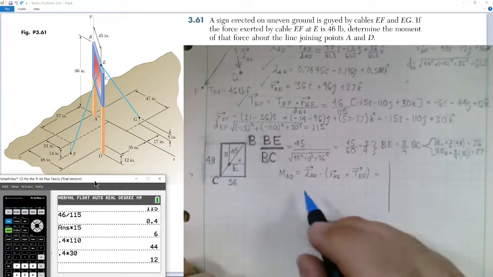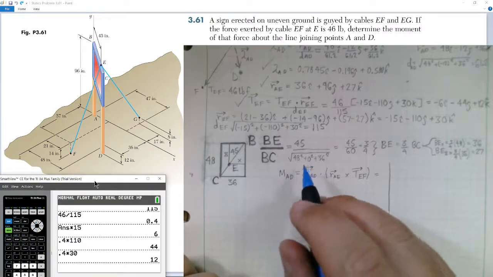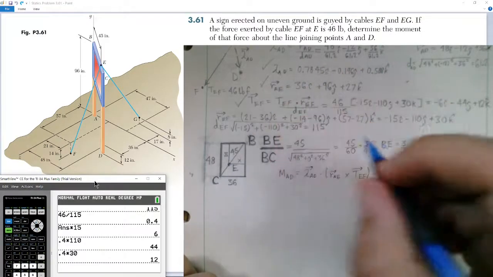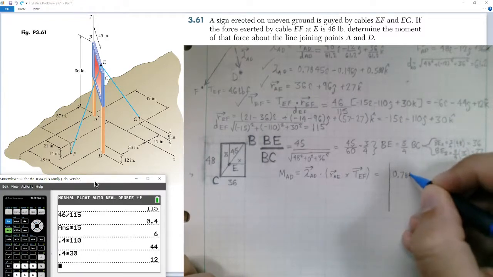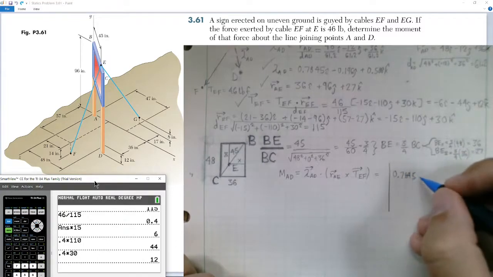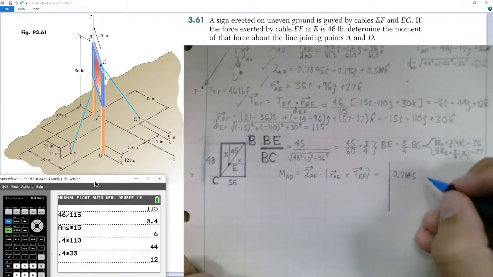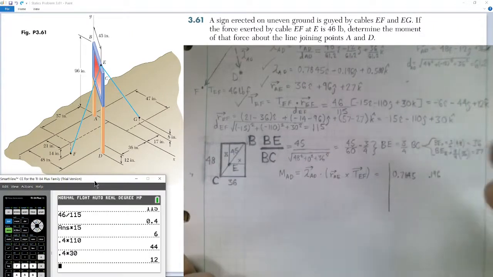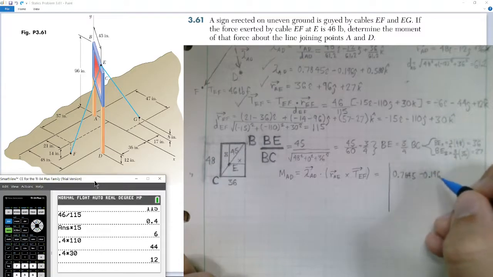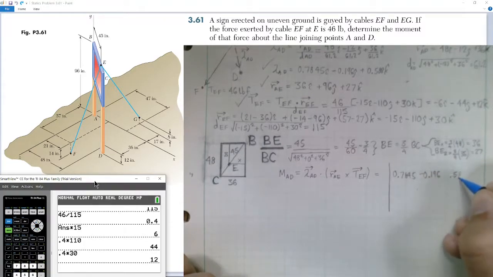So, looking at the unit vector A to D, we have 0.7845 i hat, we have negative 0.196 j hat, and finally we have positive 0.588 for our unit vector going from A to D.